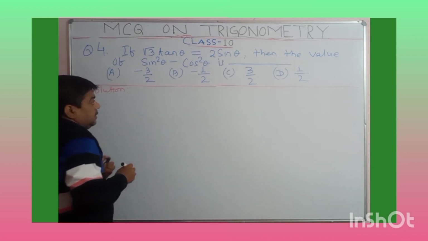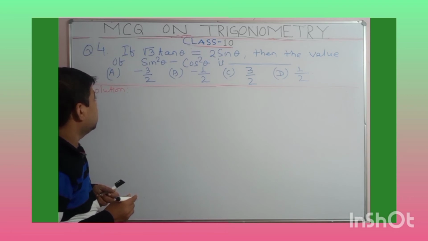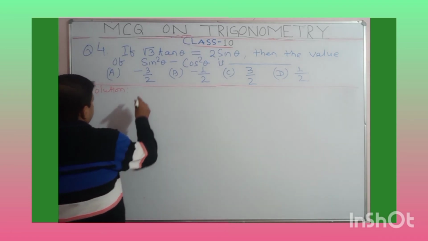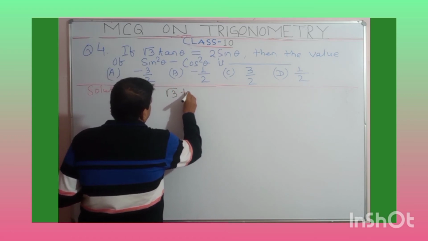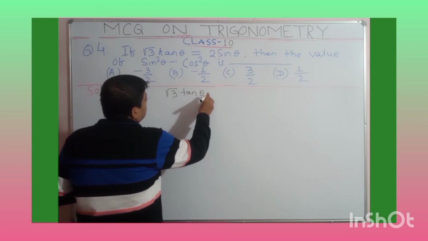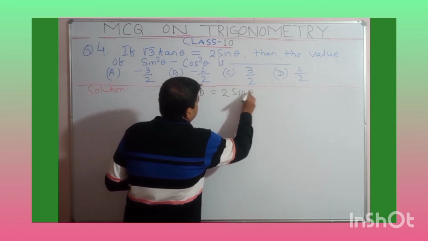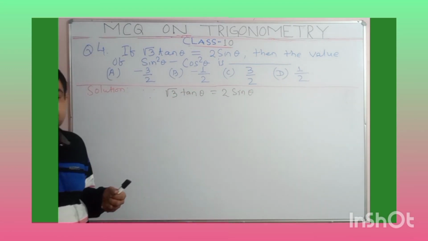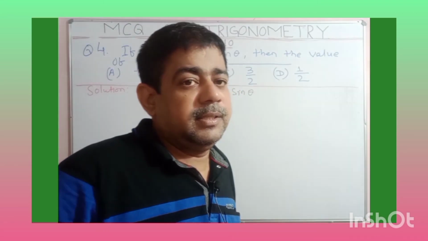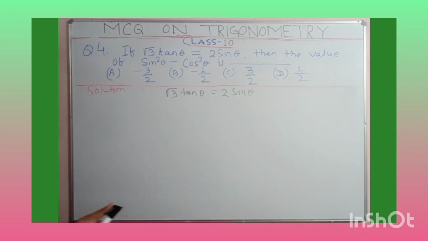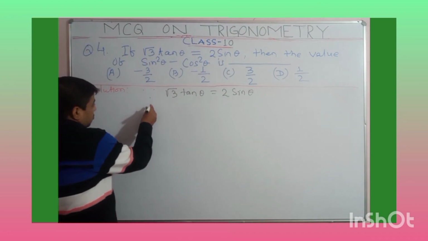First of all, what is given? According to the given condition, you have to find out the required expression. It is given that root 3 tan theta is equal to 2 sin theta. This is another interesting question for you.